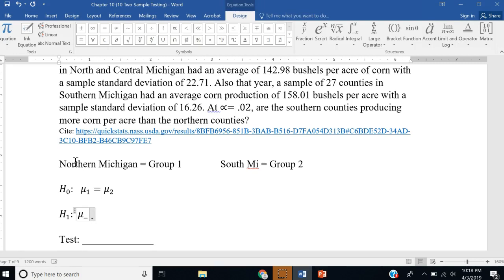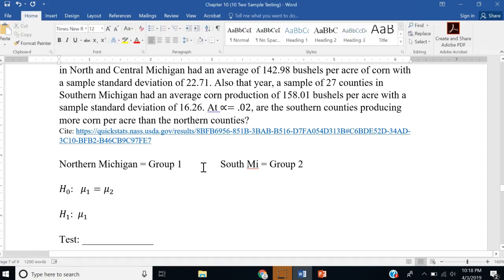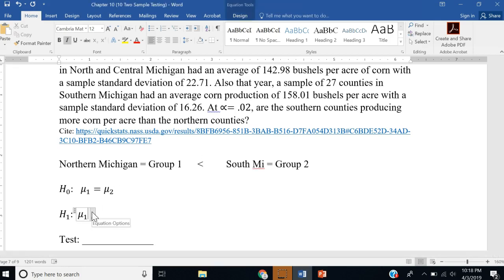So our sign needs to say, is the South producing more? Think about it like this. South producing more than the North. So my sign has to be a less than in my alternative hypothesis.